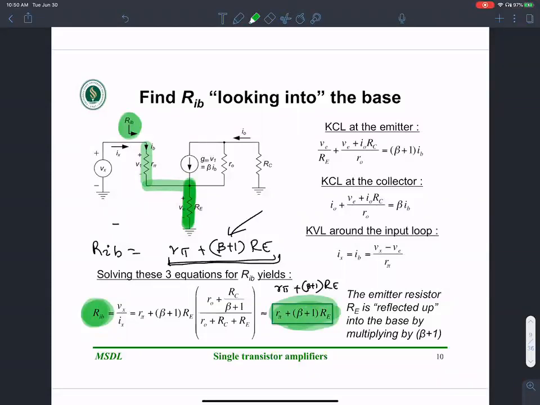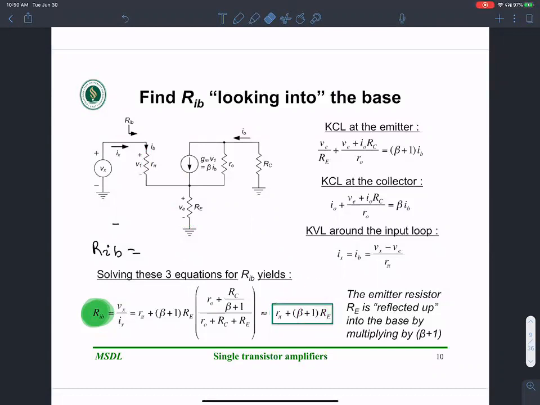Well, how did I arrive at that? It's a matter of applying KCL and KVL at different nodes. I want to give you one example of how we did that so that you can apply the same to others as well.